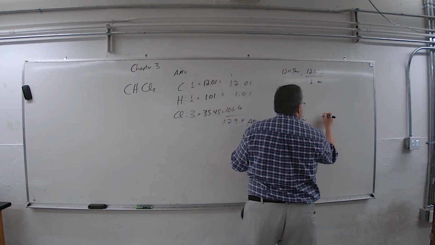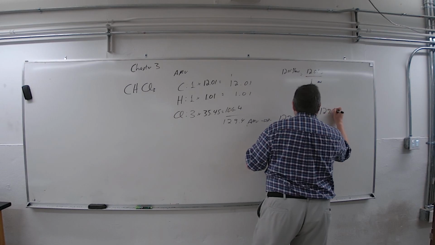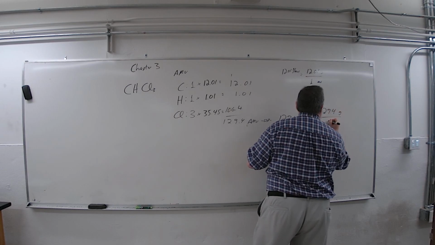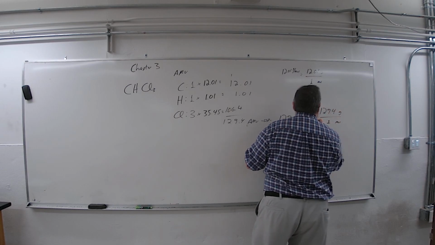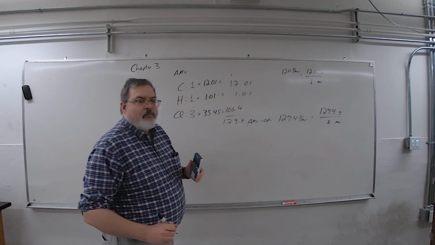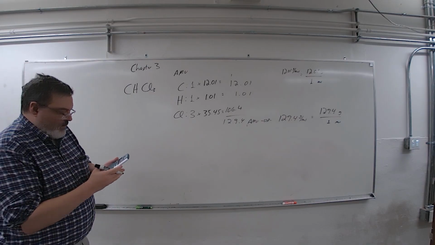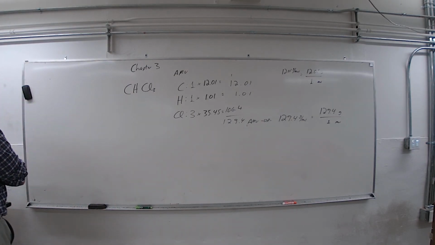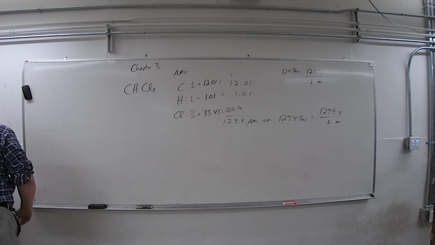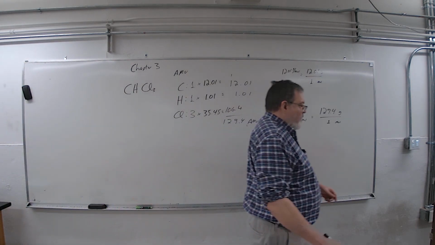And like I said, you want to write that as 129.4 grams is 1 mole. You with me? Just add it up straight off the periodic table. Just write some of these down.